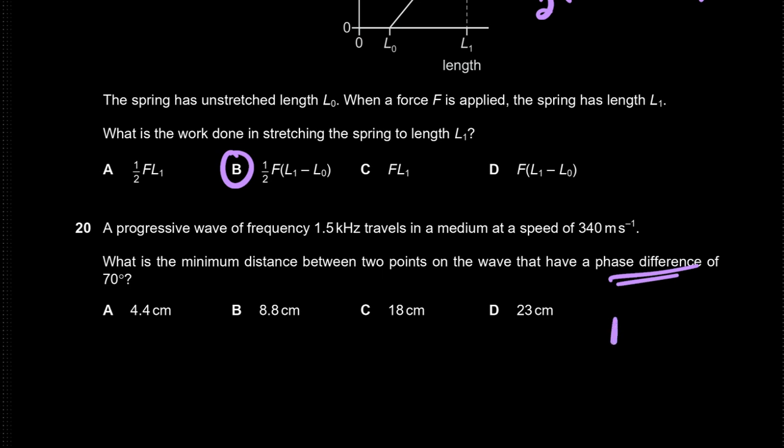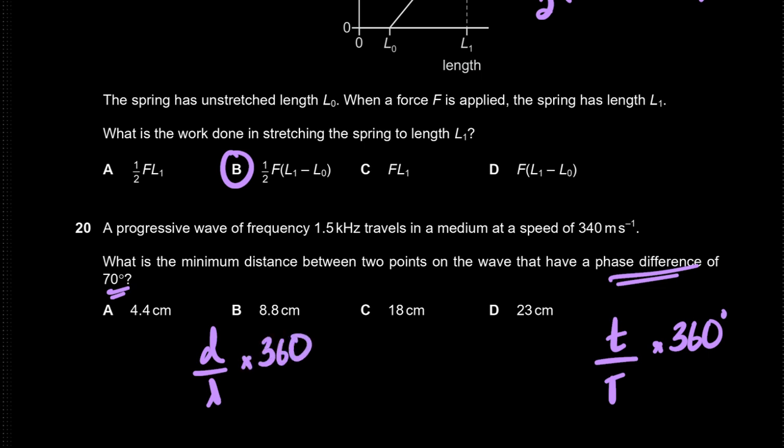You can either calculate how far out they are with respect to time, and you multiply that by 360 degrees or 2 pi radians. Because this is in degrees, I'm also using this in degrees. Or another way is to use how far their distance is in terms of the wavelength, and you multiply that by 360 as well. So because they are asking me for the distance, I'll use this one.